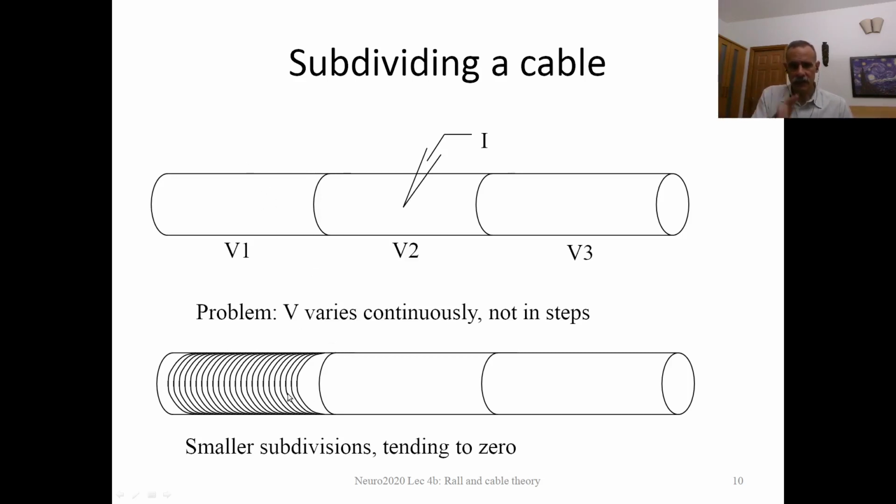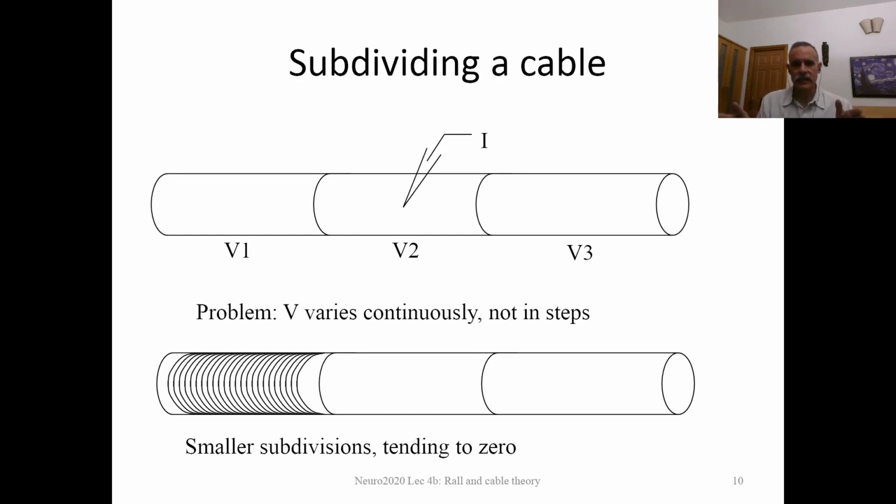You make very thin salami slices, and you make them smaller and smaller. You make them tend to zero, and in that limit, your approximation of placing the potential within a compartment as uniform becomes arbitrarily good, right? And so you can treat your series of very small compartments almost exactly, and in the limit exactly, like a biological cable.